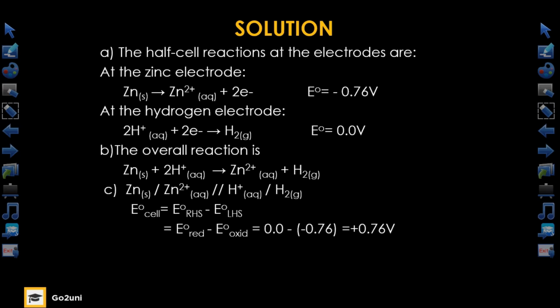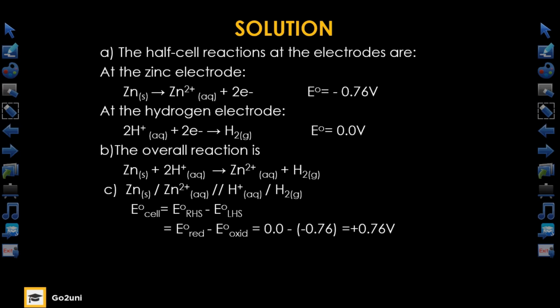So if we are to calculate the electropotential for that system, it is simply going to be the electropotential at the right hand side minus electropotential of left hand side, or we can say electrode of reduction minus electrode of oxidation, and reduction is hydrogen, which is 0.00 minus 0.76, and that gives us positive 0.76 for zinc.